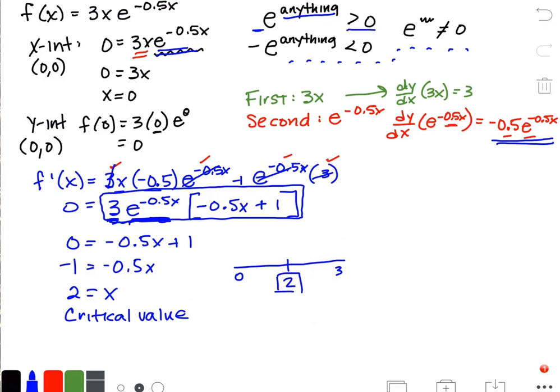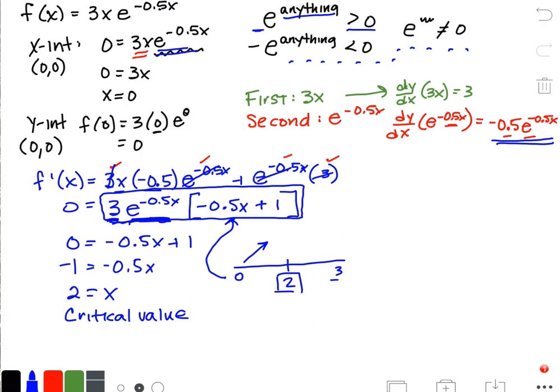So really all I have to do is test the 0 into that factor, since everything out in front is a positive value. So if I plugged 0 in for x in this factor, I'd get 0 plus 1 is 1. That's positive. So that means that I'm increasing on the left of 2.